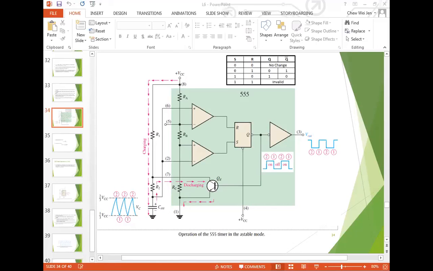Same thing for discharge. To charge up to 63%, it's R times C, and to discharge 63%, it's also R times C. One R value is R1 plus R2, and the other R value is only R2. So is the charging time longer or the discharging time longer?